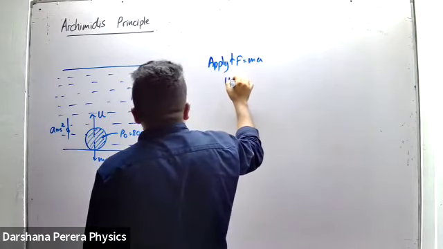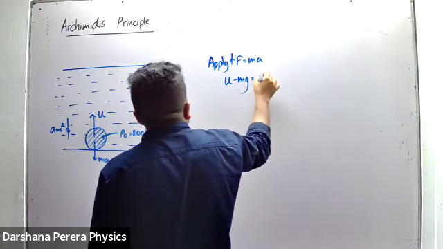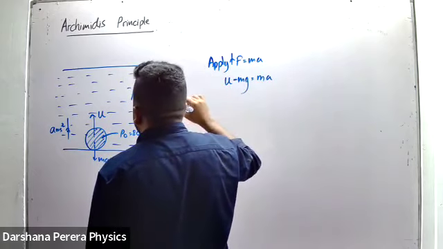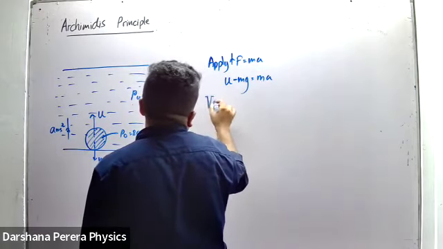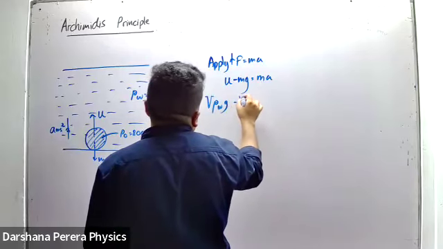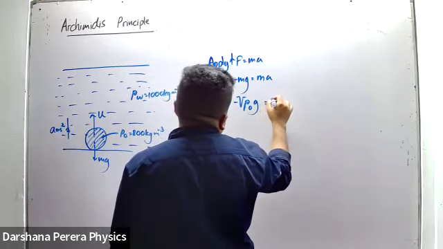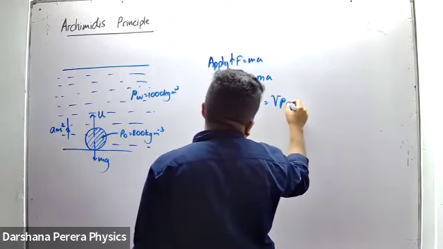So U minus mg equals ma. U equals V rho w g, minus V rho naught g, equals V rho naught a.